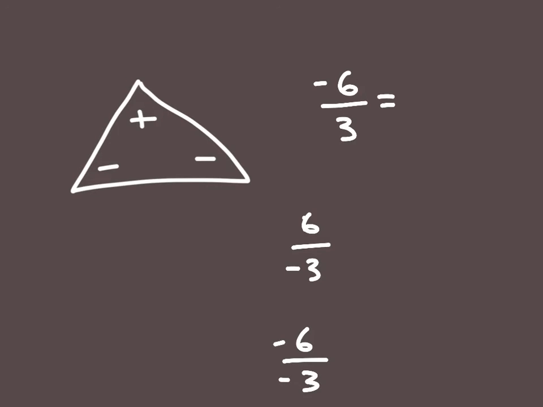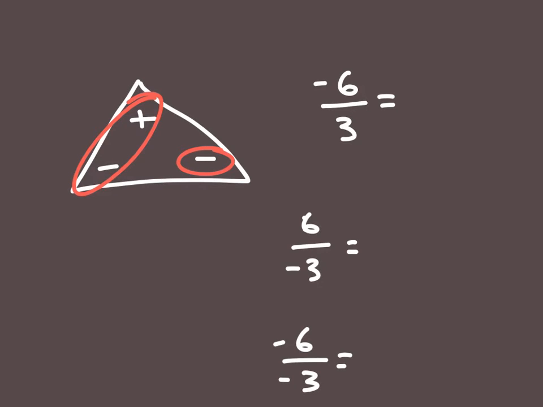All 3 of these are division with positive and negative numbers. If I take a negative number divided by a positive number, I'm going to think of this group here. So if I do a negative and a positive, my result will be negative.